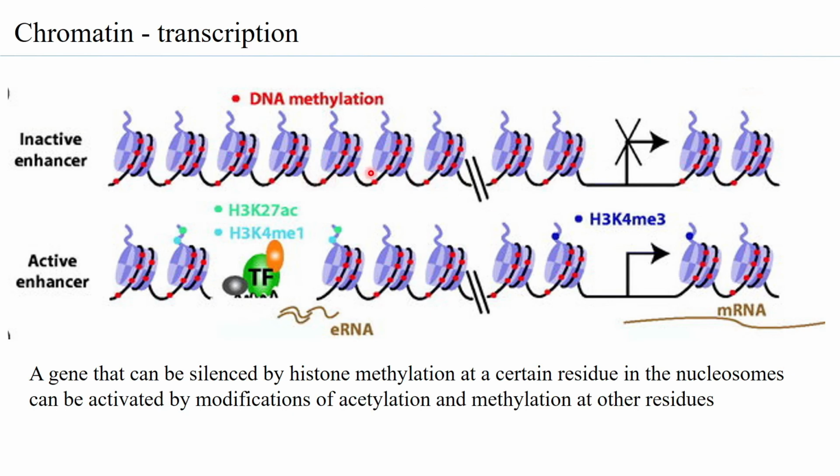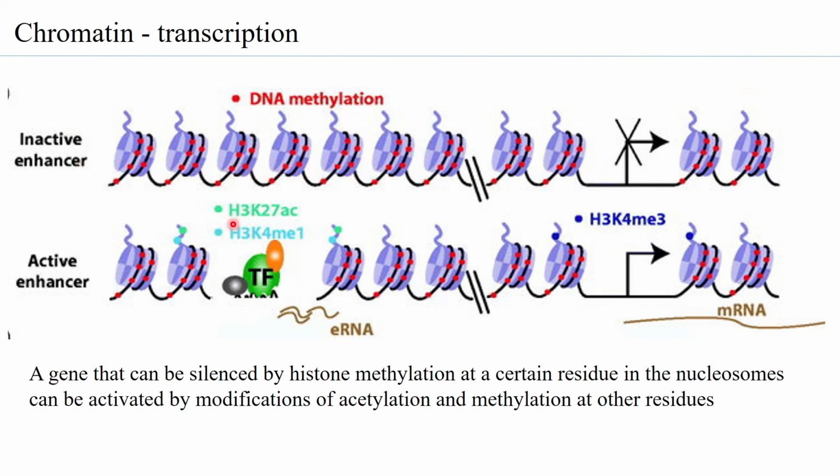Another interesting observation is that when DNA is methylated, not the histones per se, but the DNA itself, these are what are called epigenetic changes. In many cases, because of these epigenetic changes, certain cis-acting elements are not accessible. For example, you can have an inactive enhancer because of DNA methylation.